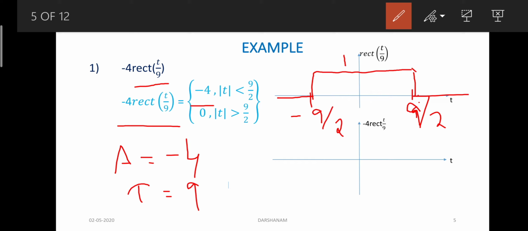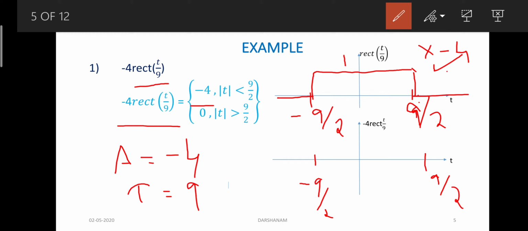Then the question is minus 4 rect(t/9), so we have to multiply this function by minus 4. Let's do the magnitude multiplication: between 9/2 and minus 9/2, the value of the signal is 1.